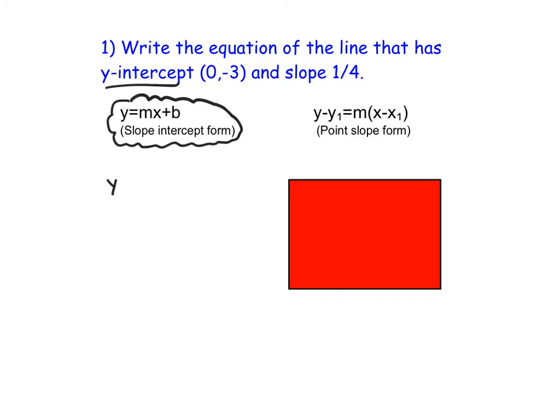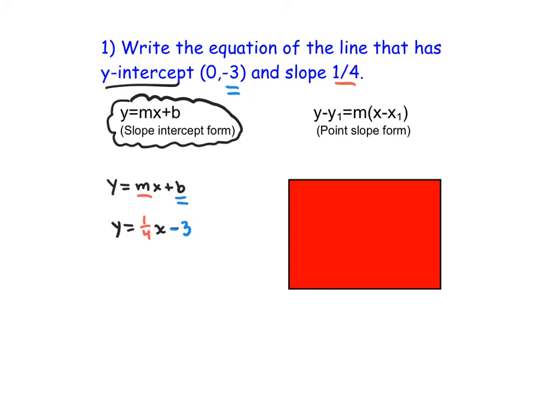So in this case, y equals mx plus b would tell me that the slope is 1/4 and the y-intercept is negative 3. Thus, the equation of my line would be y equals 1/4 times x minus 3. There you have it.